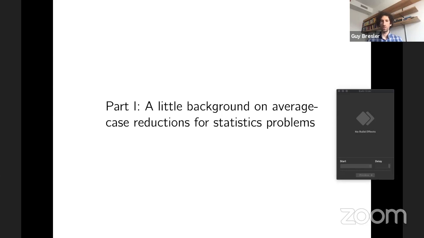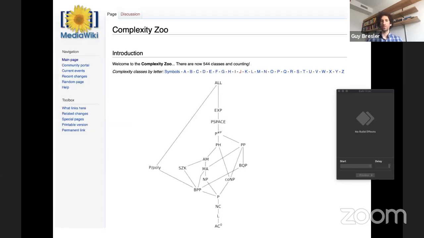Okie dokie. So some background on average case reductions for statistics problems. We're interested in the complexity of statistics problems. And if we look at the field of computational complexity, whose business it is to understand the computational complexity of a variety of problems, there is an amazing amount of understanding that's been achieved by classifying different problems into equivalence classes and finding relationships between these classes of problems.